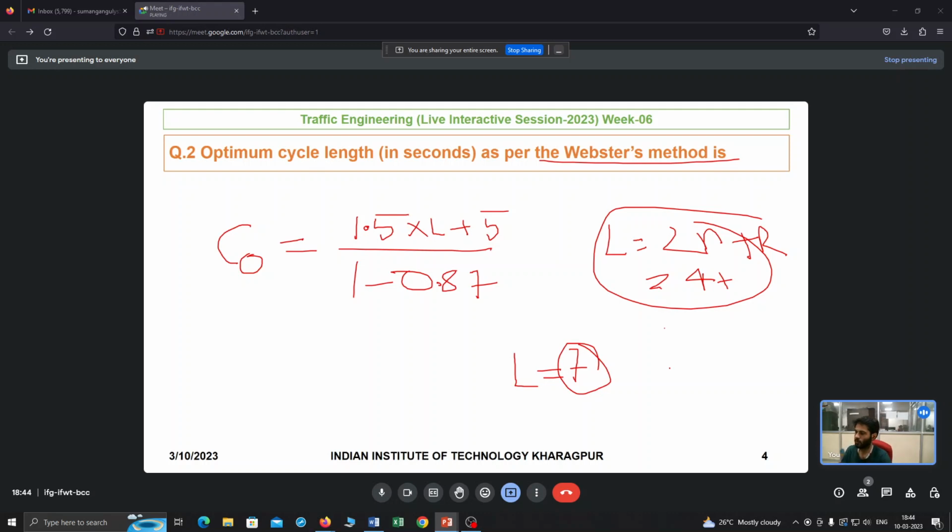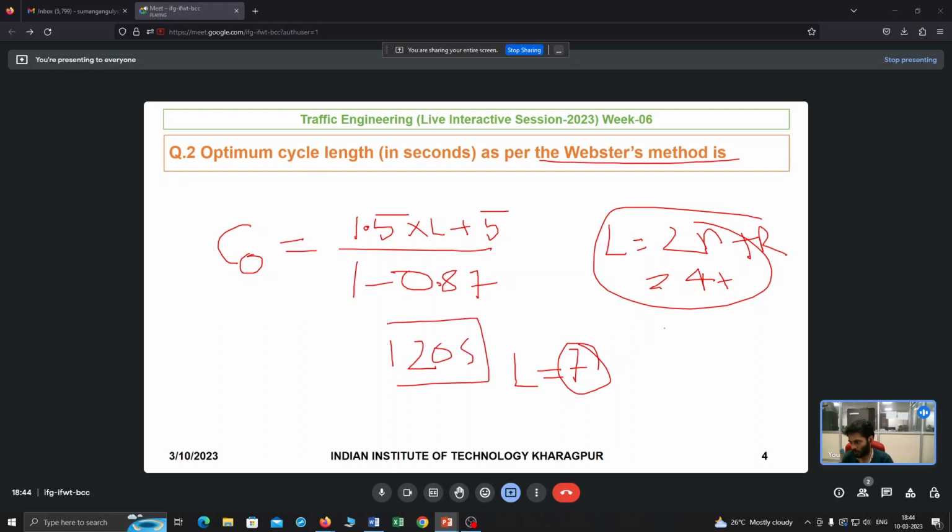If that is so, then what is the optimum cycle length? So generally L is given directly. So we have to check: 1.5 into 7 plus 5, 15.5 by 1 minus 0.87, 119.23, almost 120.